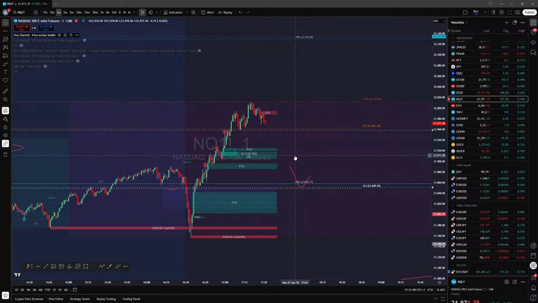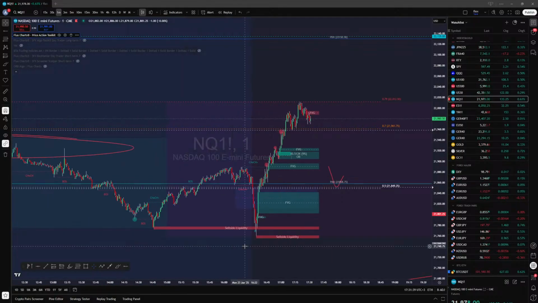It includes three stages: accumulation, manipulation, and distribution, right? I personally find 5 stages of this strategy, and I will show you them today.